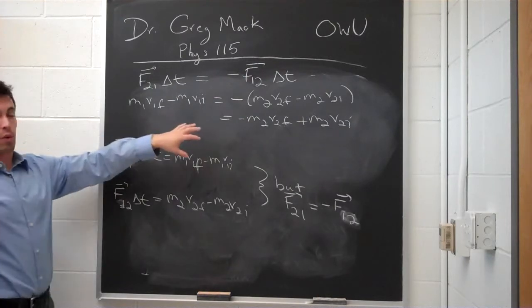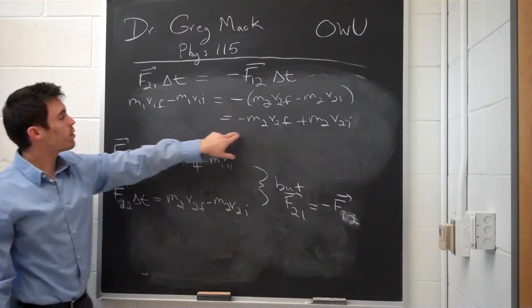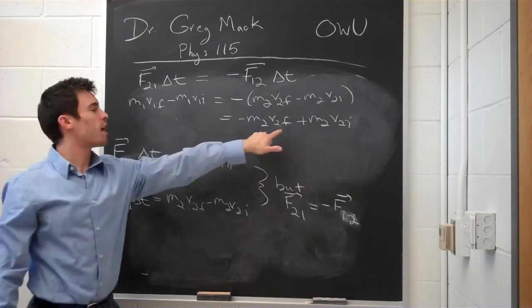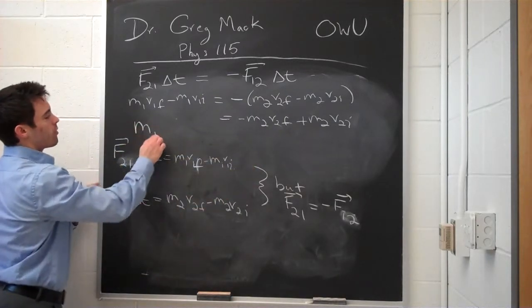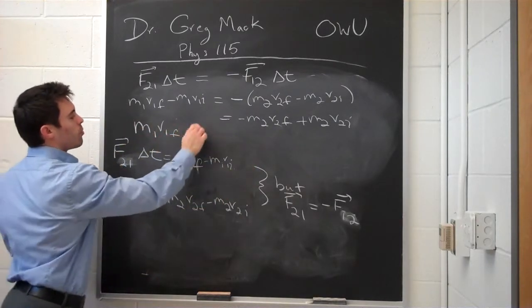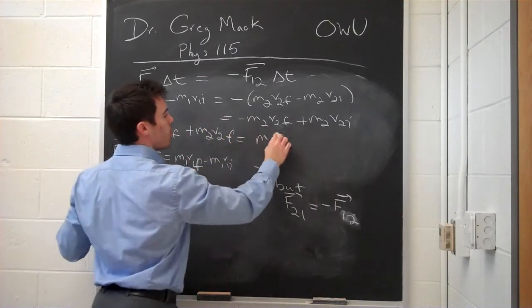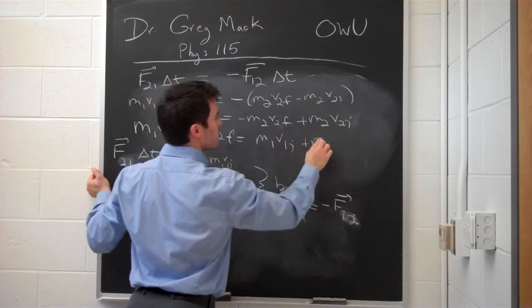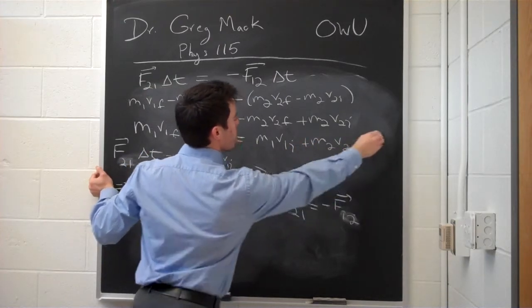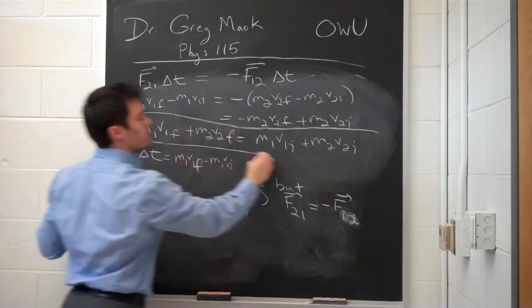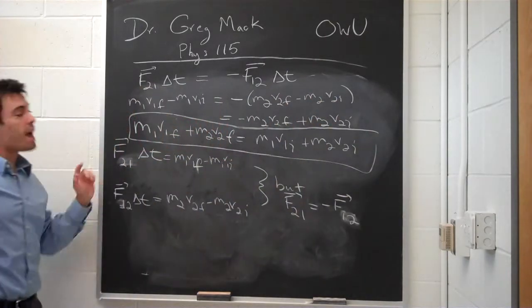And if I want to make everything positive, I can bring this over to this side, and I can bring this over to this side. And so I can rewrite this as m1 v1 final plus m2 v2 final is equal to m1 v1 initial plus m2 v2 initial.